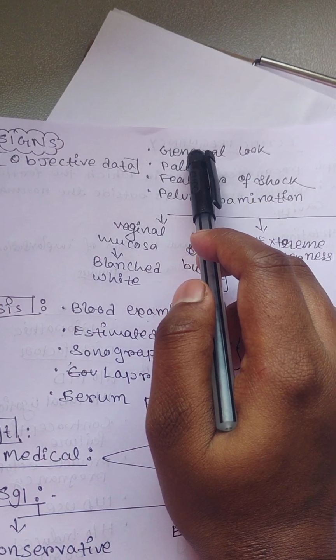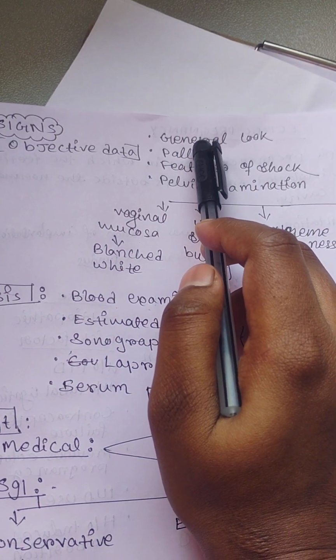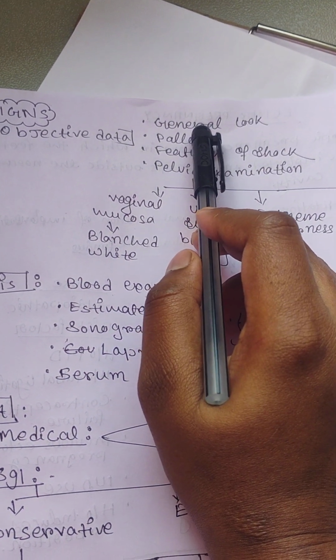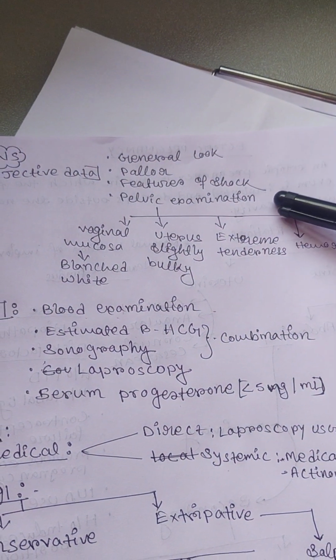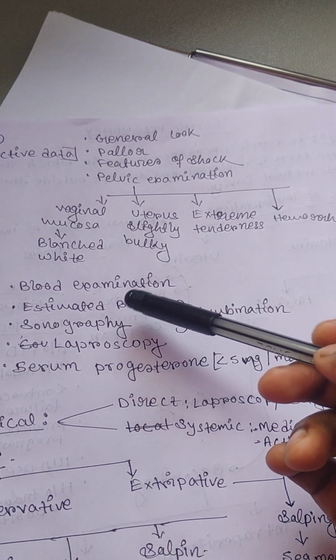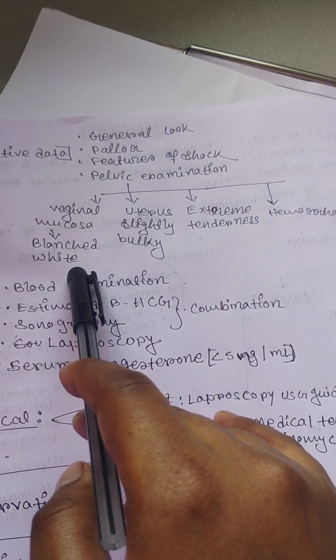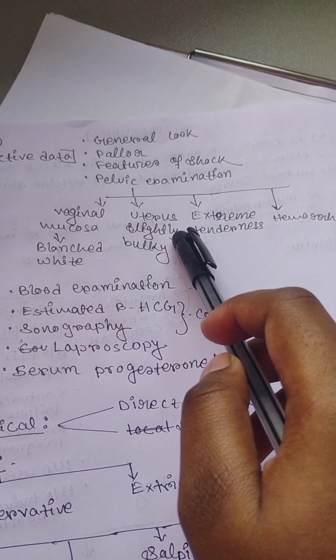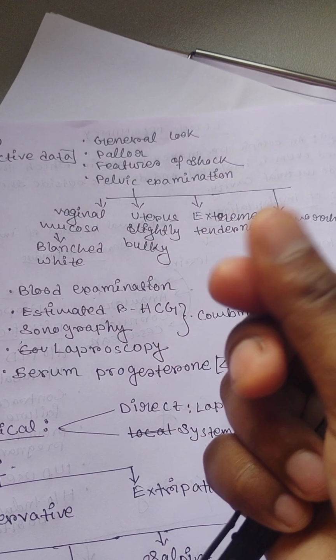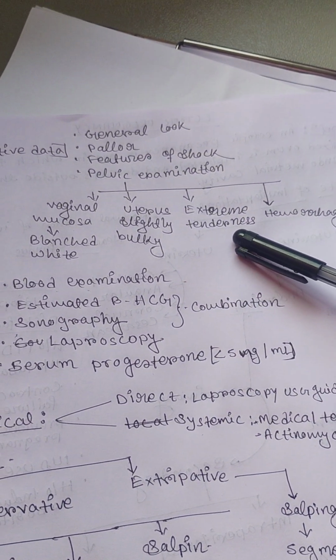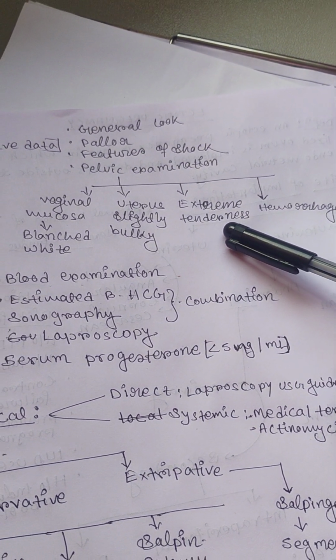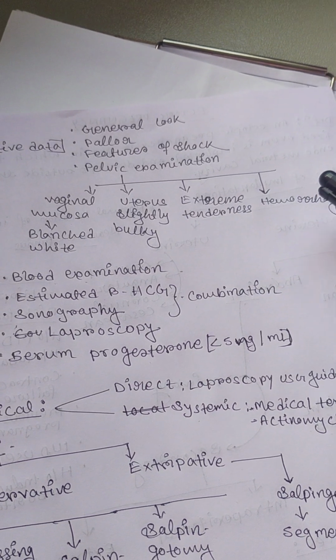This includes general look, head-to-toe examination, pallor, features of shock. Then pelvic examination: the vaginal mucosa is bleached white and the uterus is slightly bulky. Then extreme tenderness in the lower segment, and the patient is having hemorrhage.